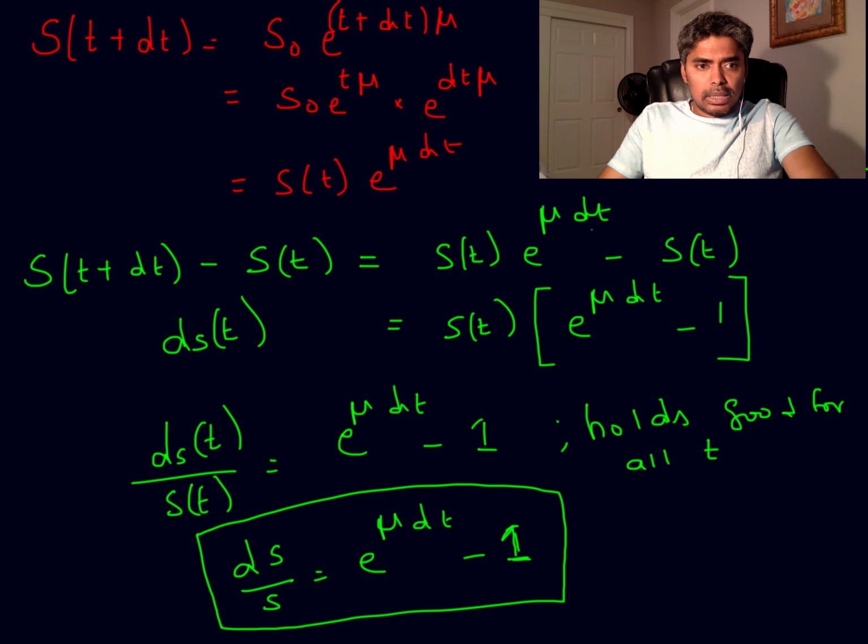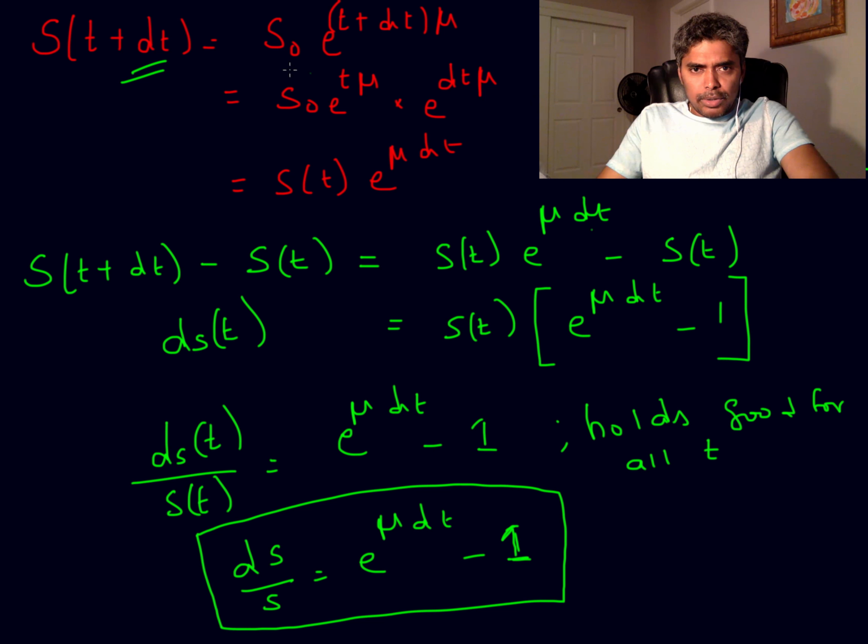Let's say we have a duration t plus delta t, which is a small duration added to the time t.